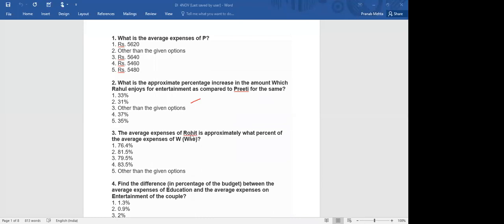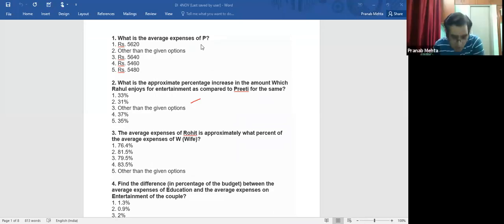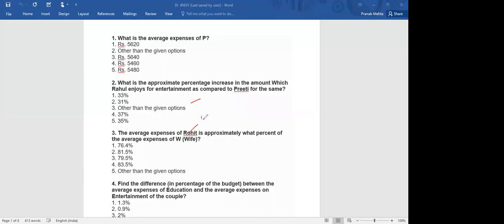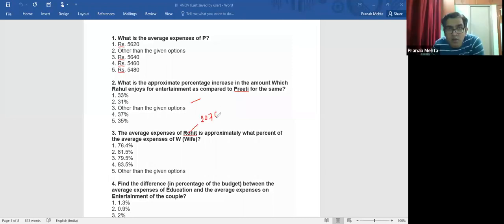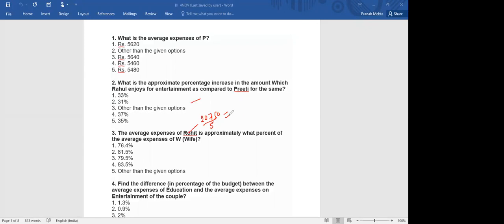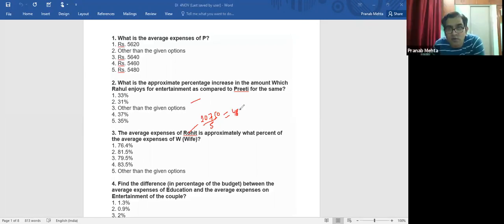So 4150 is the average. Check it out. Can someone check it out and see? Yes, sir, 20,750 divided by 5 because they are talking about average. So Rohit's total expense is 20,750 divided by 5, and I'll get 4150.